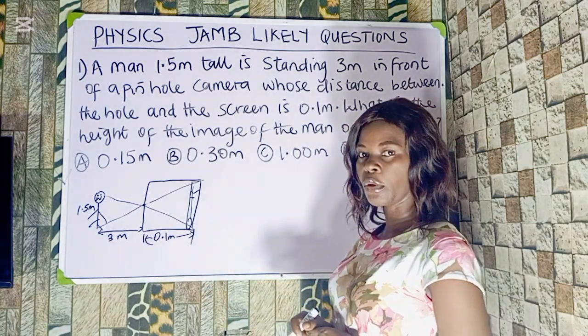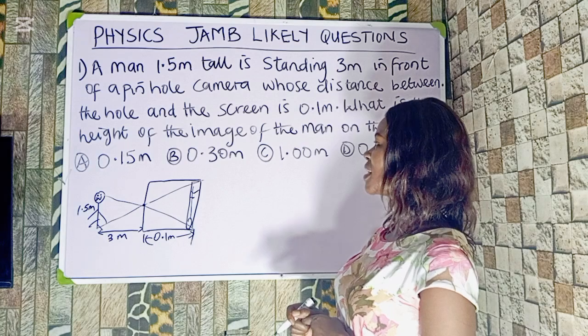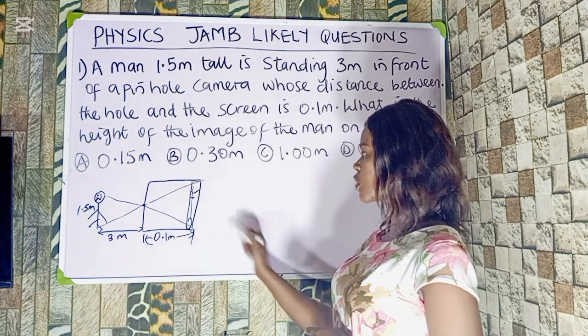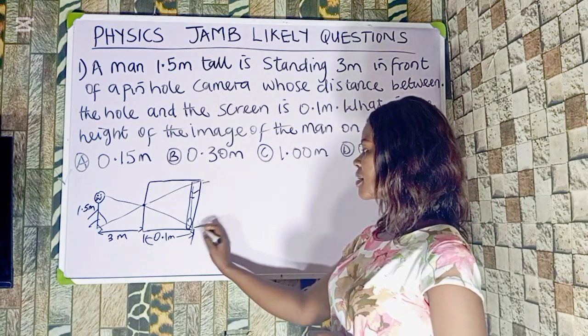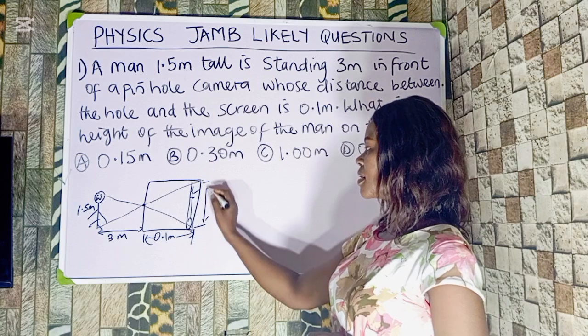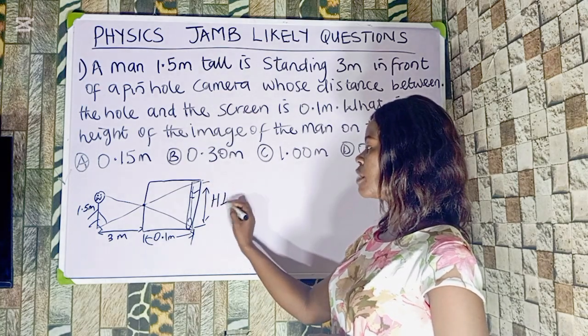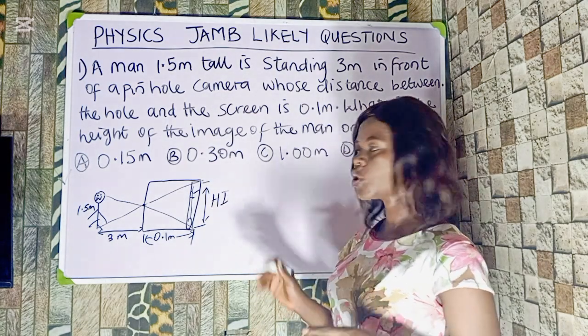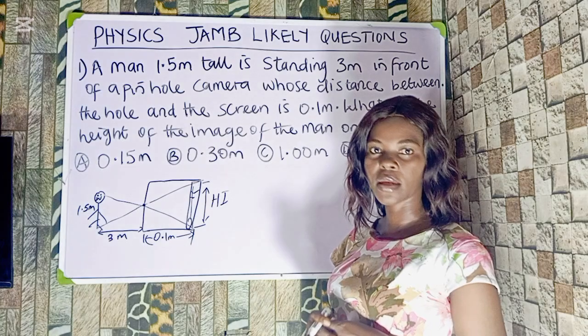So what are we looking for? We are looking for the height of the image of the man on the screen. So this is the height. For us to solve this, we are going to use the magnification formula.